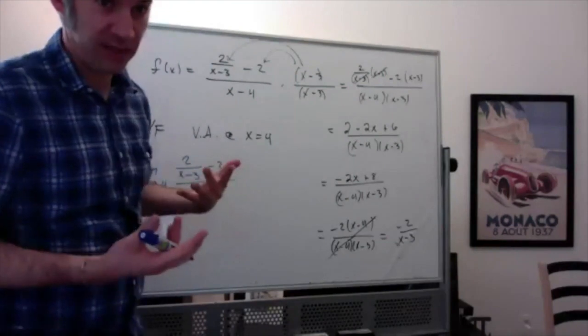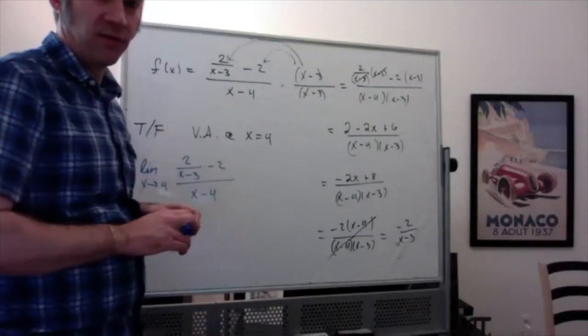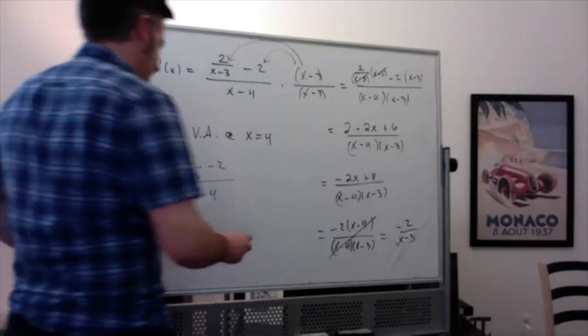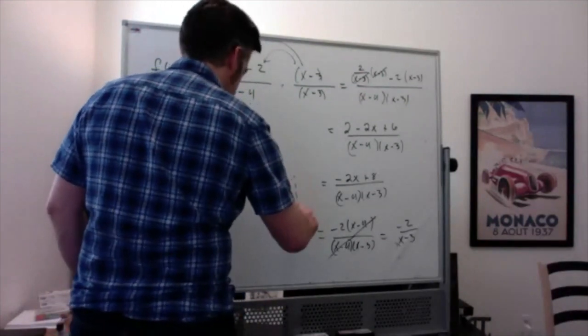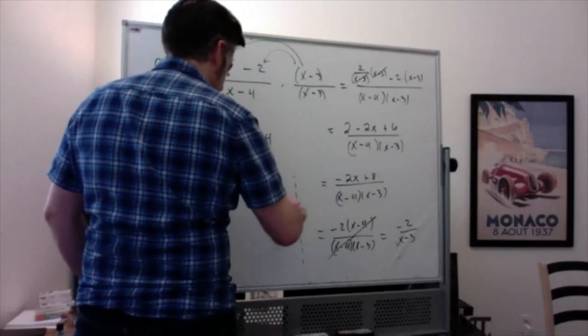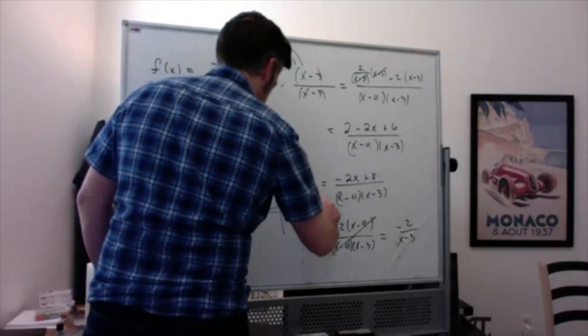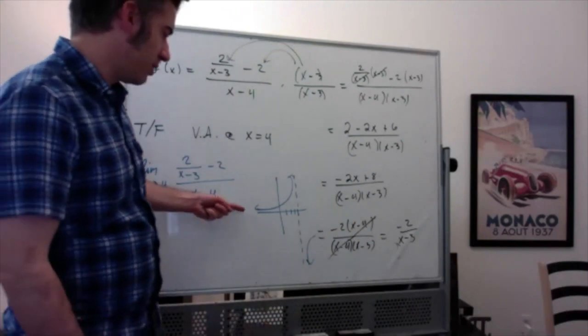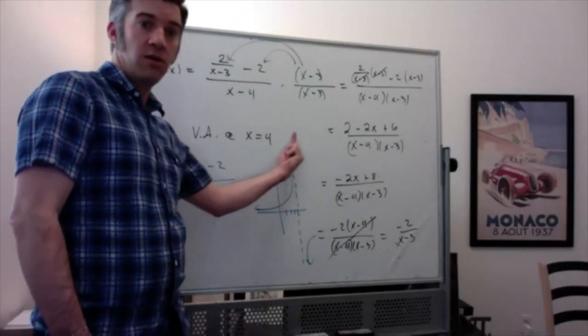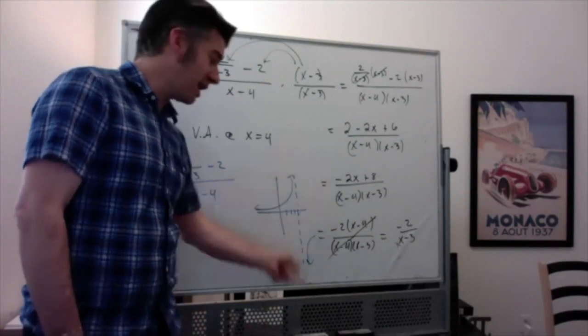Think about the pictures of vertical asymptotes. If I had a vertical asymptote at 4, if I took the limit as x approaches 4, I'd be going to infinity or to negative infinity.